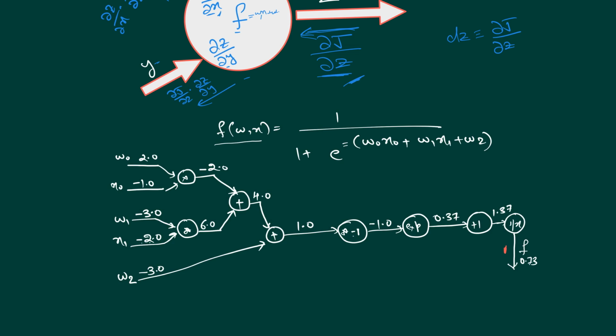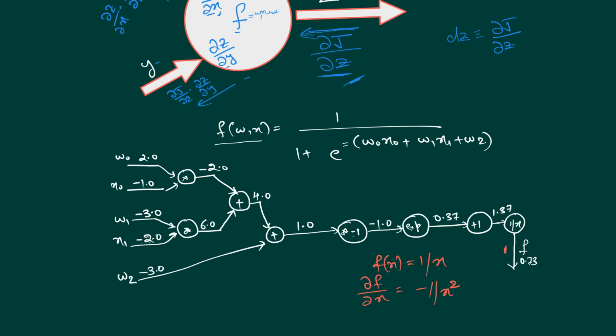So whatever the x is out here, the function is 1 by x, so del f by del x is equal to minus 1 by x squared. So that's going to be the local gradient.